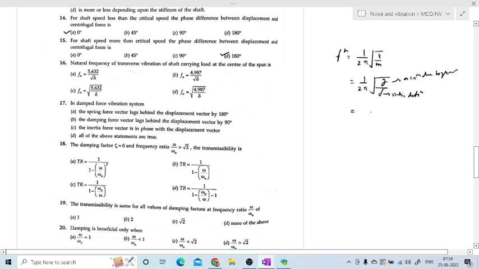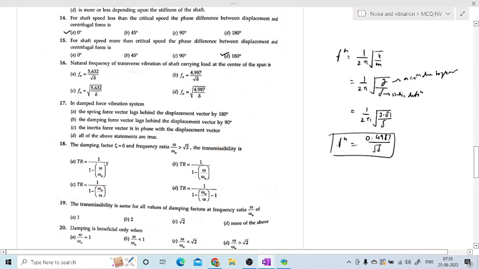If I put 1 divided by 2 pi, the value of g as 9.81 divided by delta, and solve root 9.81 divided by 2 pi, the answer comes out to be 0.4987 divided by root delta. This will be the natural frequency.